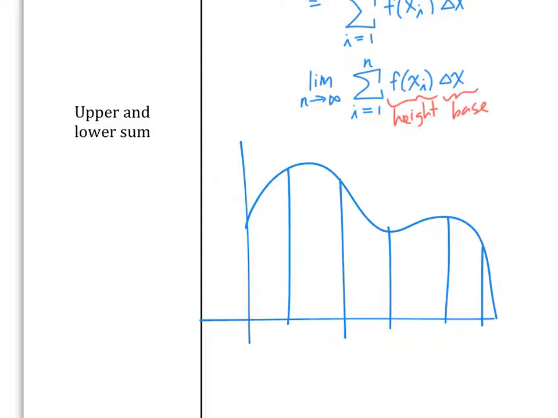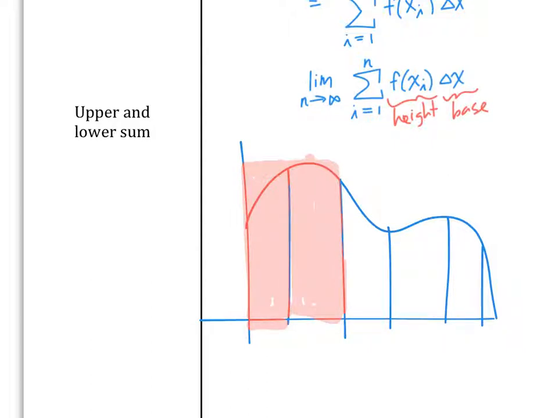So what you do is in this interval, you're going to take the highest point and then create a rectangle. Okay? And then, same thing, on the next interval, you take the highest point, whatever that is. It doesn't have to be the left or the right. It's just whatever is the highest point within that interval, and then you create a rectangle based on that height.